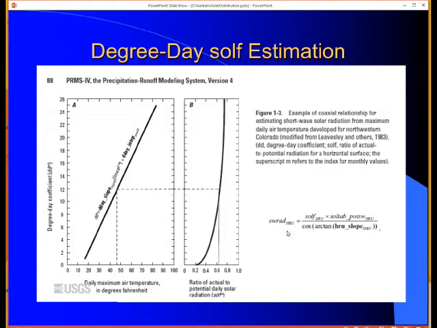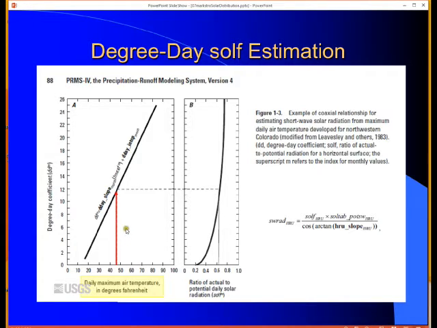So in the case of the DD SolRad, or degree day module, you can see the equation down here. This variable here, SWRAD, is the solar radiation on any HRU on any given day. And you can see these two graphs here. Basically what you do is you enter this left-hand graph with the daily maximum temperature on the HRU.